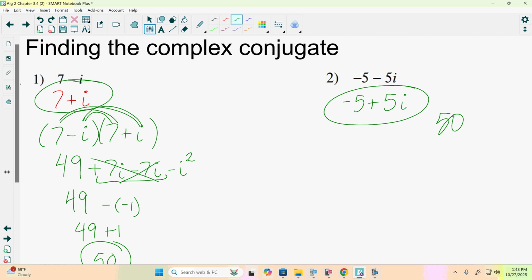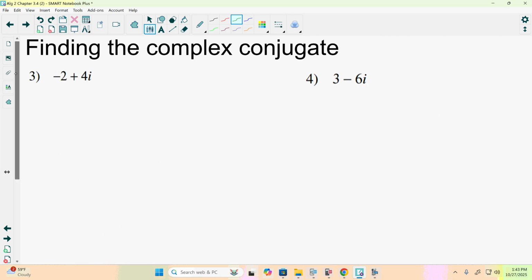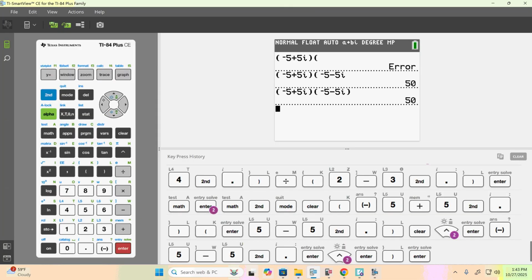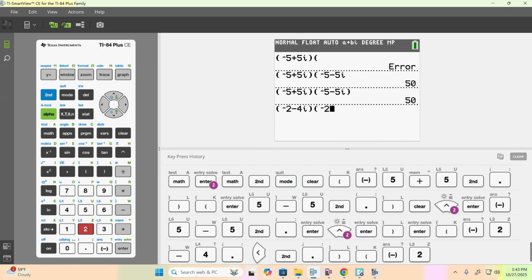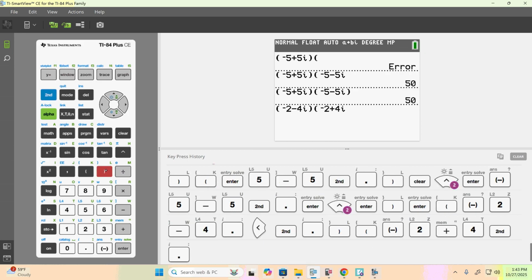So let's look at number 3. Negative 2 plus 4i's complex conjugate would be what? Negative 2 minus 4i. Negative 2 plus 4i times negative 2 minus 4i is 20.